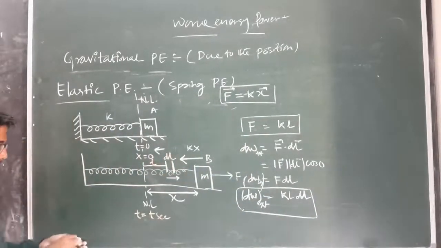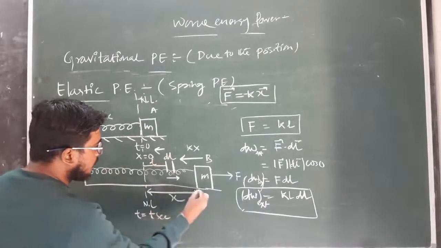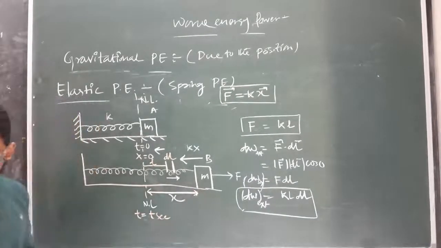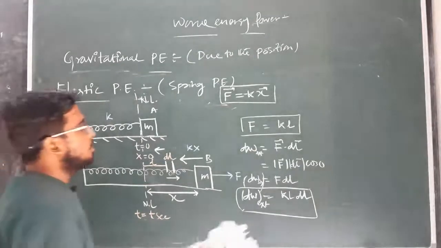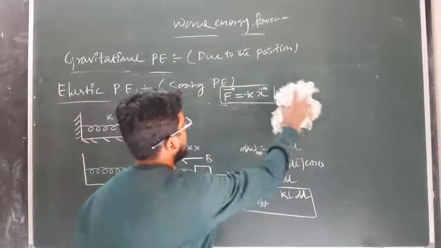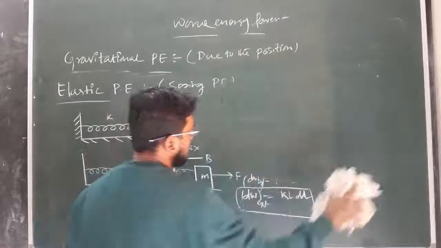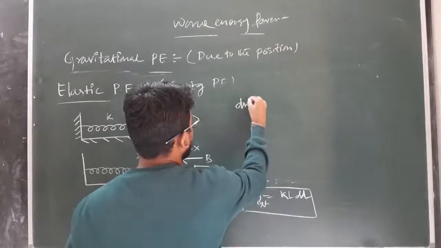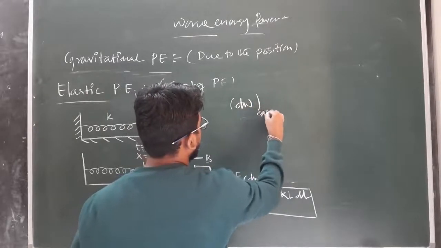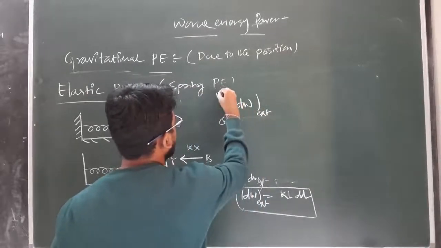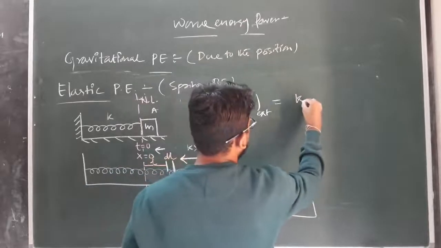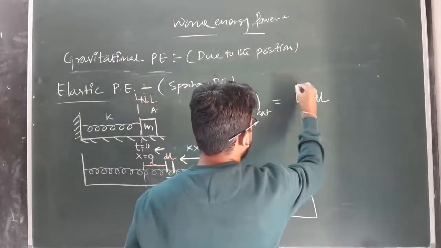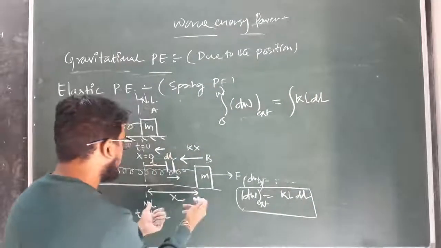But the spring is elongated from 0 to total displacement x. So the total work done by extending the spring from 0 to x will be how much? We can get it by integrating this relation. So it will be the integral of KL dl, where L varies from 0 to maximum x.